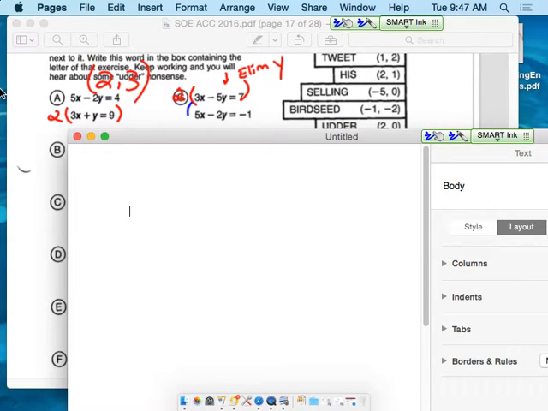and I'm going to multiply the second equation by negative 5. That's going to force me to have a coefficient of negative 10y and then a coefficient of positive 10y, so that when I do the vertical addition, the y's will eliminate. If I wanted to eliminate the x coordinate, let's just make an illustration here to help you understand.